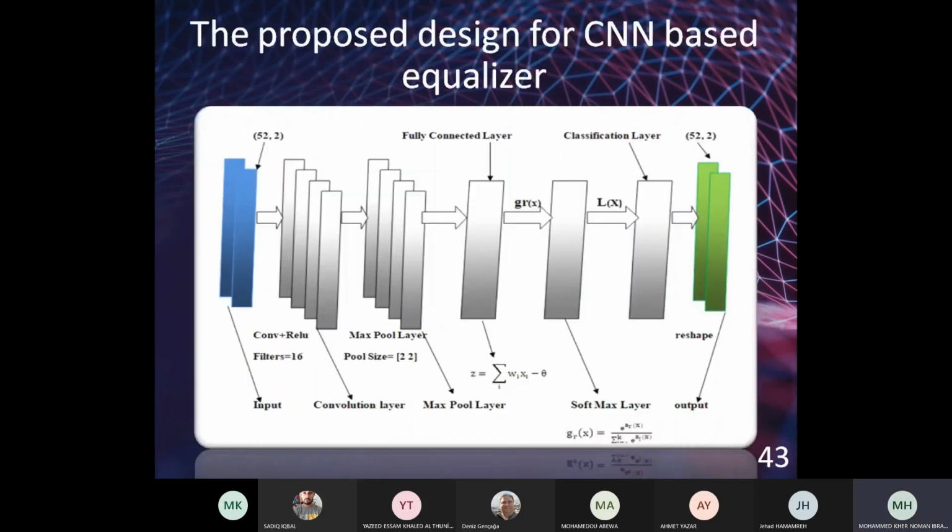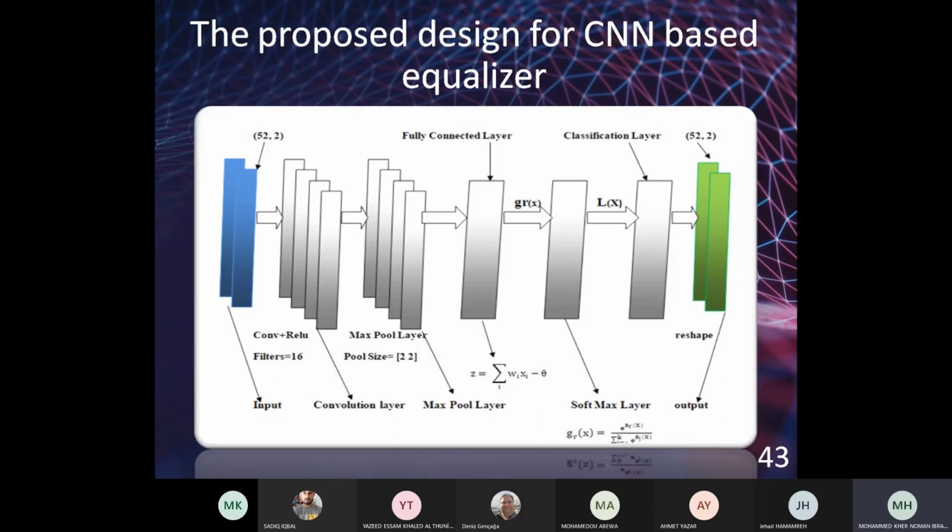In the proposed design for the CNN-based equalizer, the input complex data symbols are reshaped into two separate channels, each representing the real and imaginary part to maintain the spatial disposition.